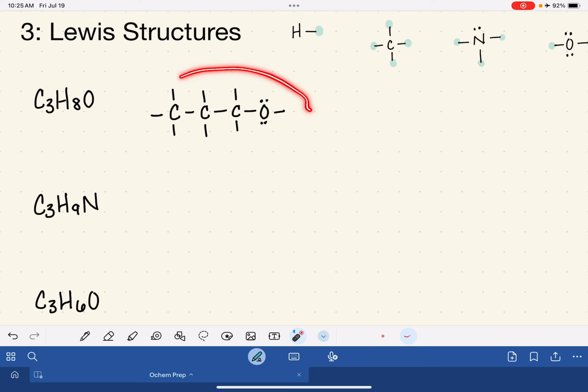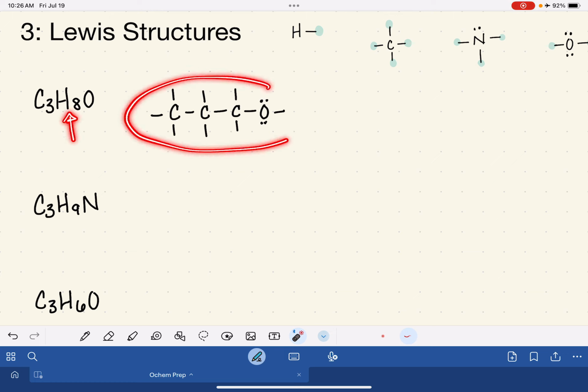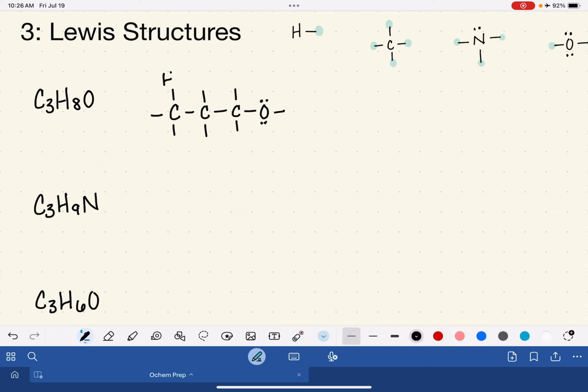We just need to review drawing Lewis structures that are valid and reasonable. So here are our 4 inner atoms, the 3 carbons and the oxygen. Now we're going to go around the outside perimeter of the molecule and add those 8 hydrogens. If we've done this correctly, we should have 8 spots for those 8 hydrogens. 6, 7, 8.